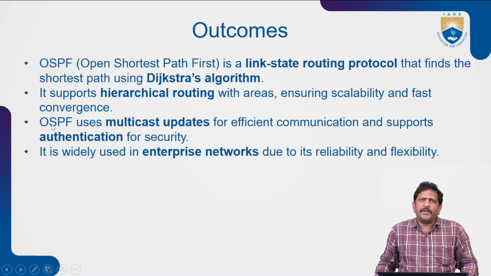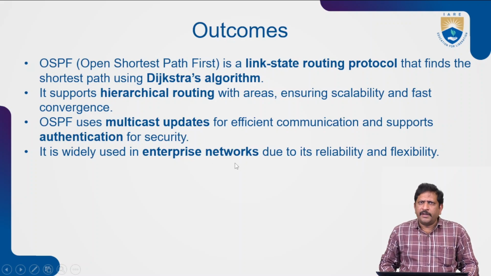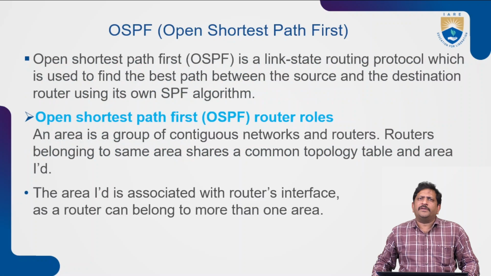Open Shortest Path First uses multicast updates for efficient communication between devices, and it supports authentication for providing more security over the network. OSPF is widely used in enterprise networking due to its reliability and flexibility, whatever the network we are utilizing.